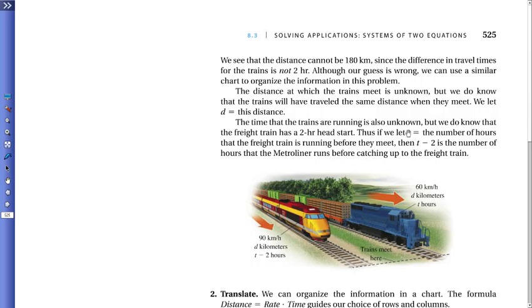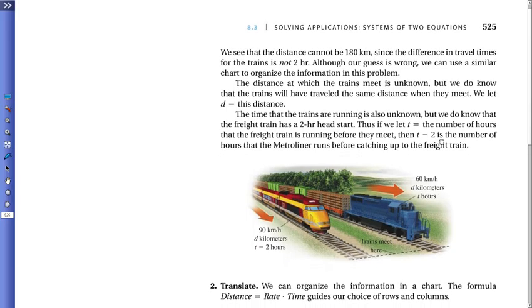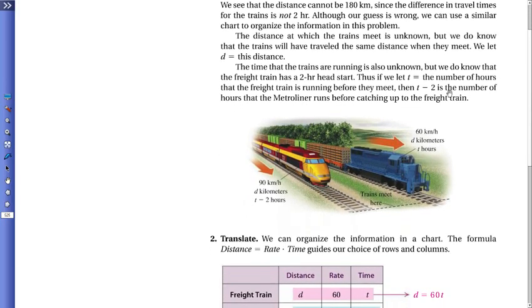So we're writing a variable for time, but there's also a difference in the relationship between the times. The freight train is t, so how would we relate that to the Metroliner time? Well, it leaves 2 hours later, so less than 2 hours of travel time is needed, right? And because it's going faster.